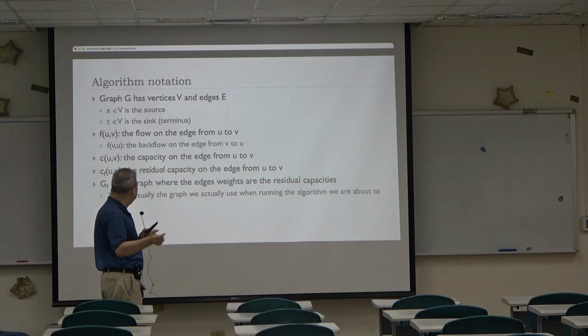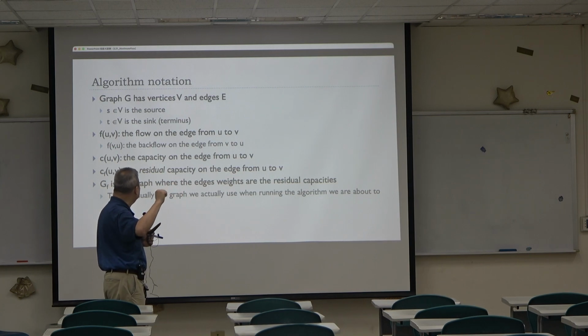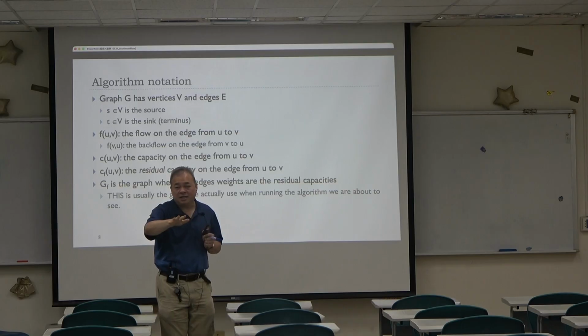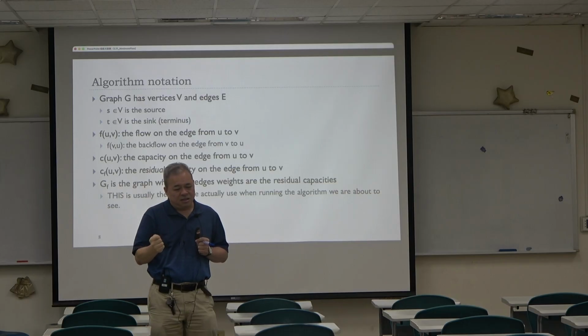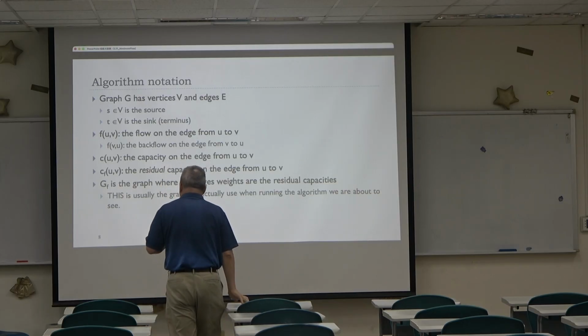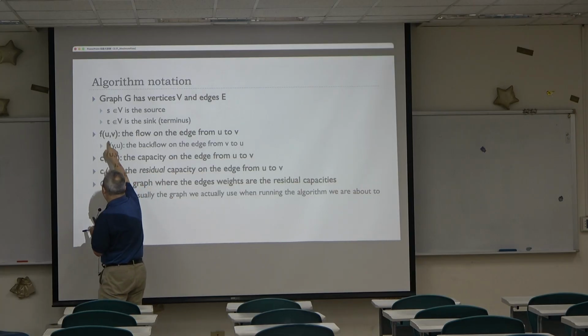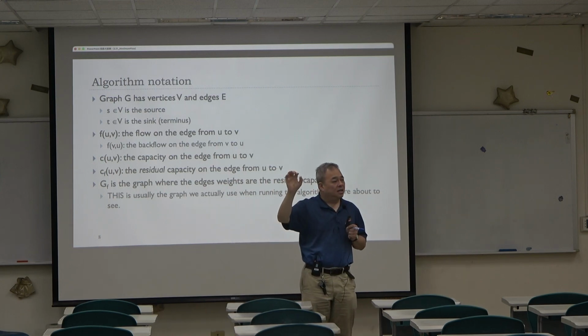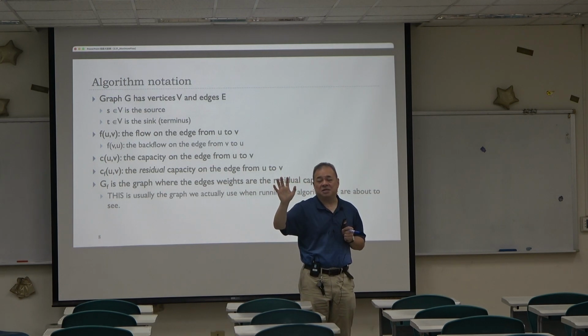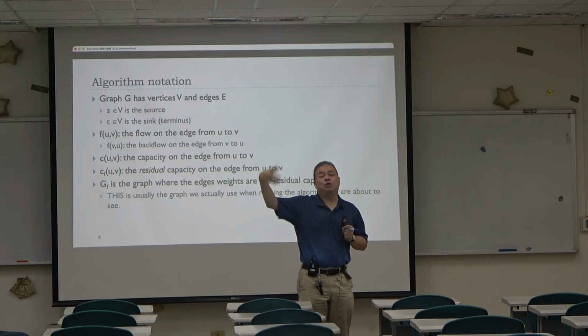So f(u,v) stands for the flow on the edge from u to v. Remember, the edges are directional. So f(u,v) means we have a directional edge from u to v, and this f(u,v) must be smaller than the capacity of this edge, according to the rules we just discussed.